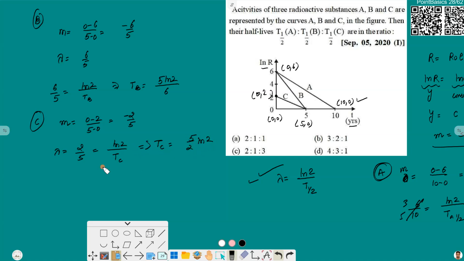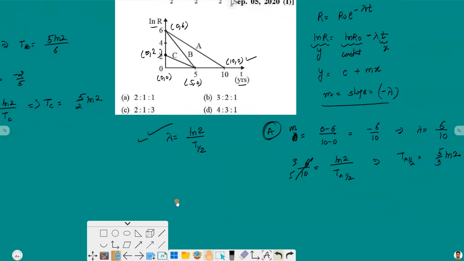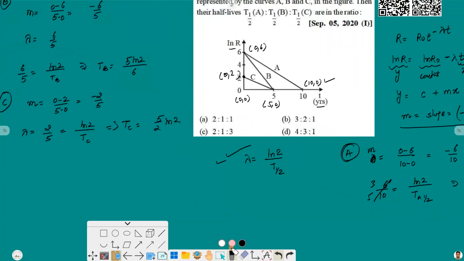Now their ratio. For A it was 5 by 3 ln 2, ratio 5 by 6 ln 2, ratio 5 by 2 ln 2.